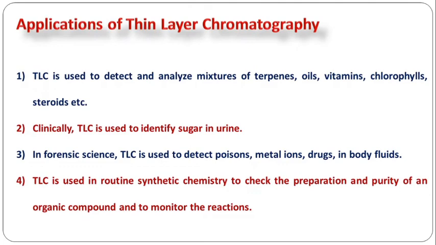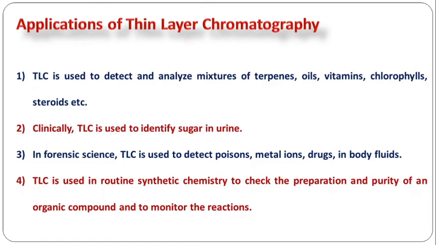So this can be used to monitor the reaction or to check the purity. Suppose one sample is there, if you do the TLC and you get only one spot, that component is pure. If you get more than one spot, it means that this sample contains more than one compound, so some impurities are present. So we can detect the percentage of purity of that sample also.